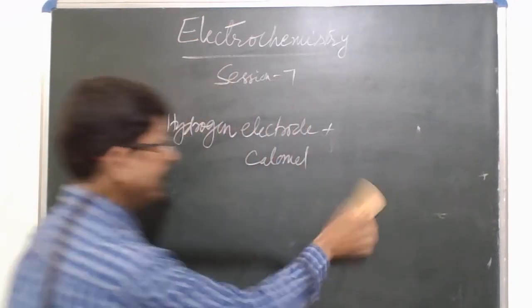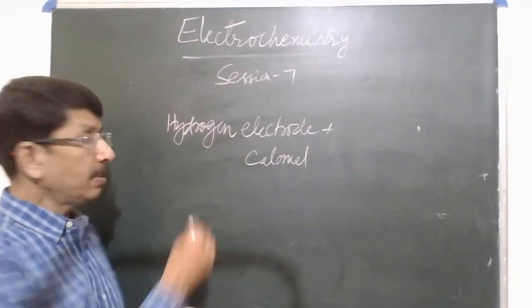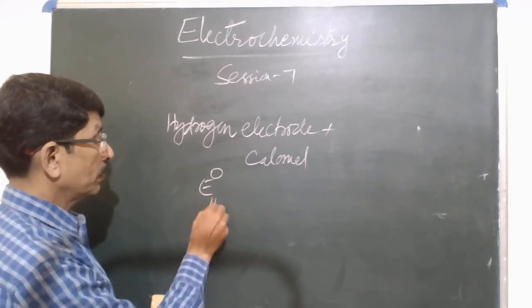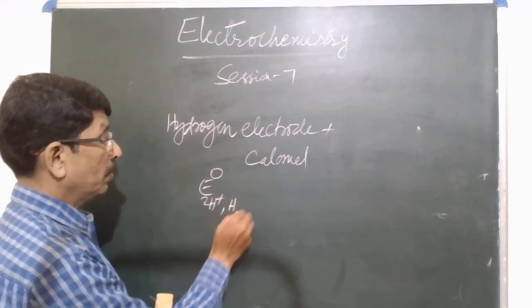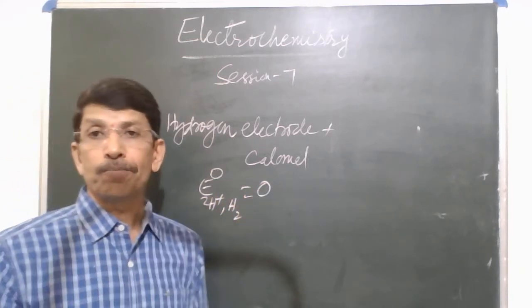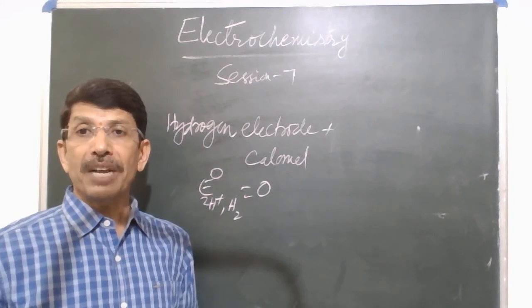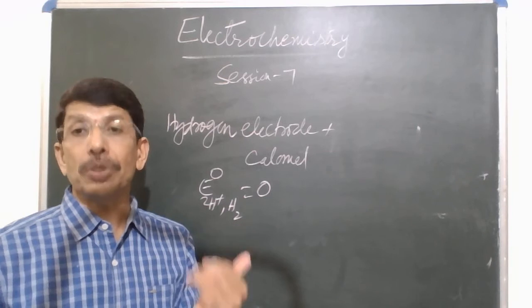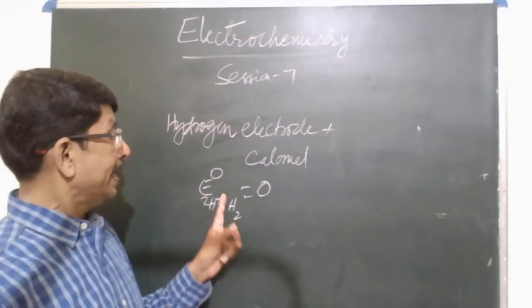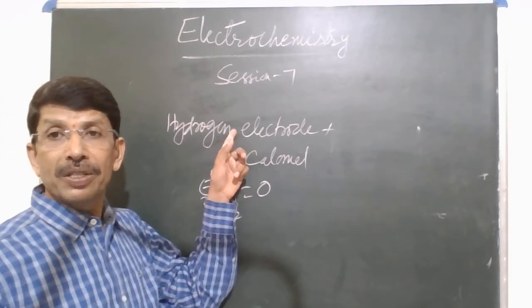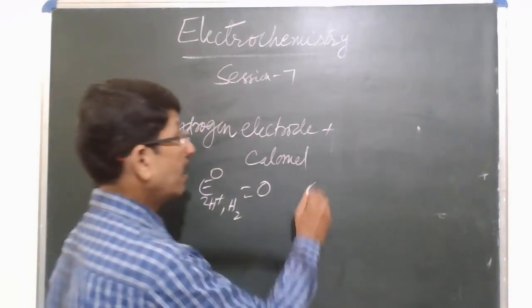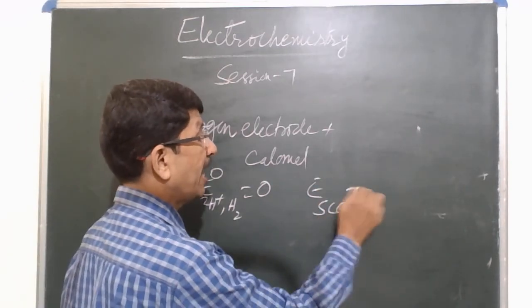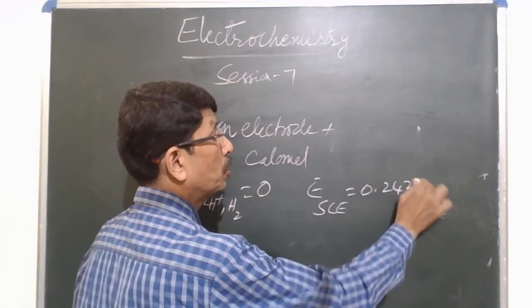We know E naught of hydrogen is 0. We have learned this: the electrode potential of the standard hydrogen electrode is assumed to be 0. So here E naught of the hydrogen gas electrode is 0, and E of the saturated calomel electrode is 0.2422 volts.